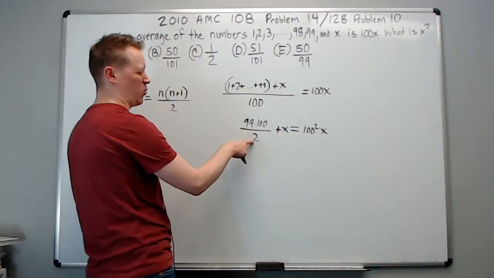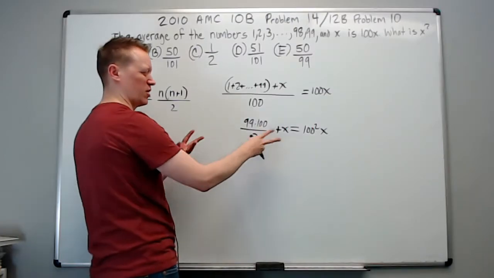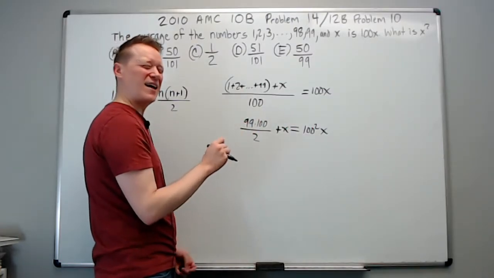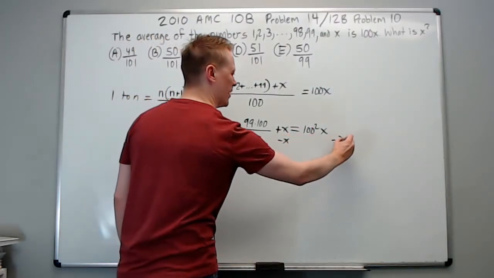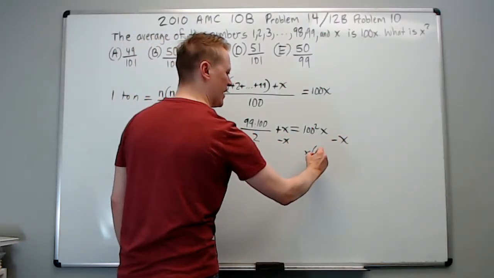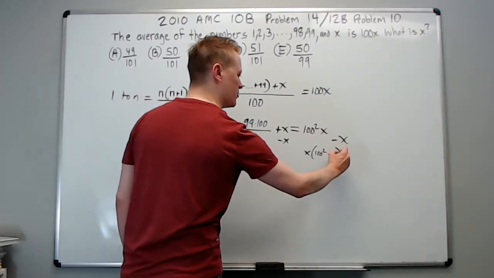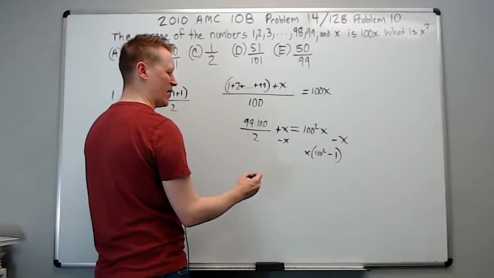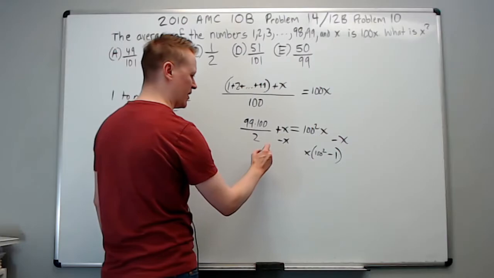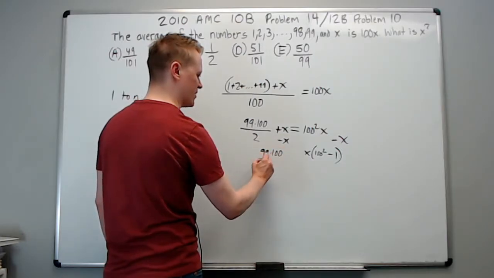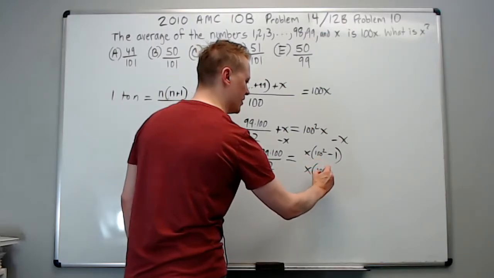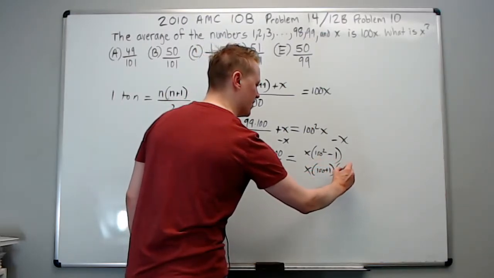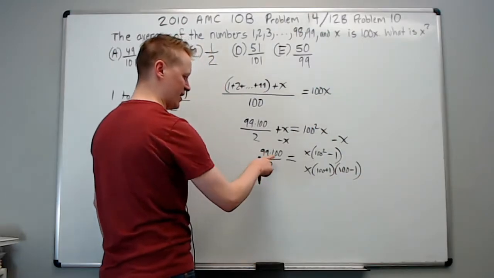Okay, so you might be like, why don't I just divide this into here and just work at it and then divide? But there's some neat ways you can finish this problem off. If you subtract x right here, you can now factor the x out, and you will get 100 squared minus 1, and that might help you see what's going to happen. Then this will be 100 plus 1 times 100 minus 1 equals this expression.